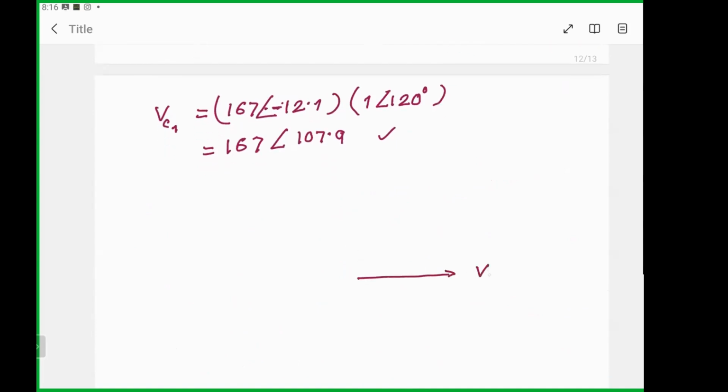So this is VA1, and then I will have VB1, and then I will have VC1, right? So VC1 is making positive 120 degrees. And this one is negative 120, but positive 240.